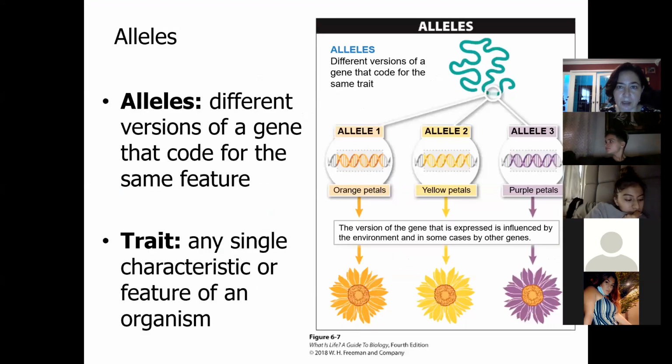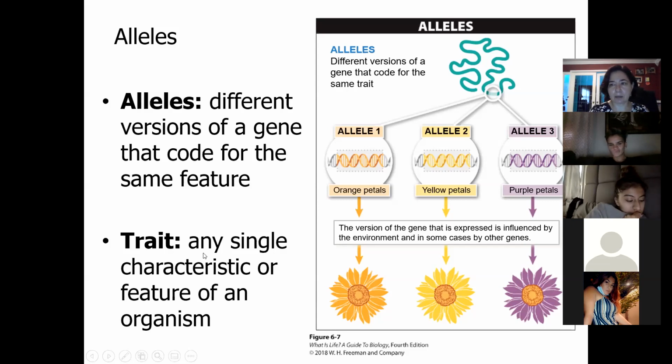Okay, so in this sense, what you can see here, first of all, we have something called characteristics. Characteristics is something like your height, the way your body is built, your eye color, your hair color, the shape of your ears, the shape of your nails, right?